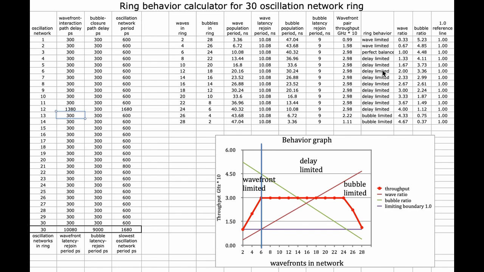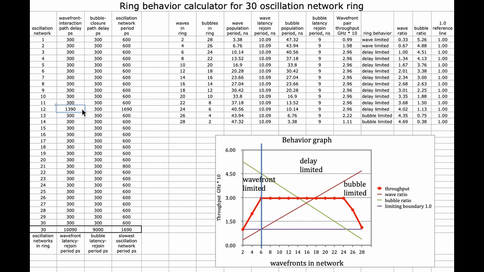Now, not all delays result in a wave ratio of 1 or a perfect balance. So we'll do 1390 here, a delay of 1390, and we'll notice that it's not perfectly balanced, but now it's delay limited.